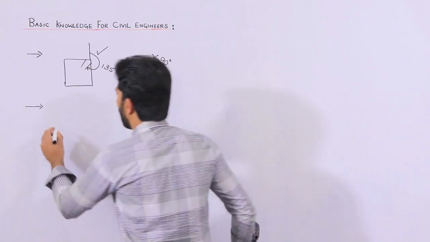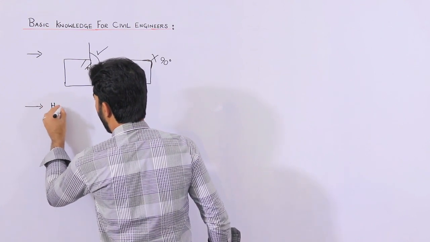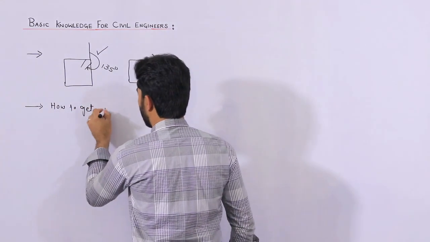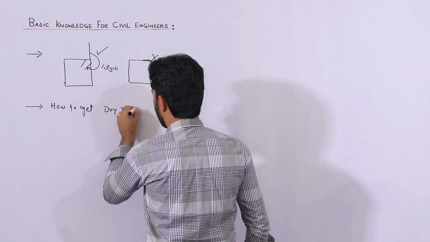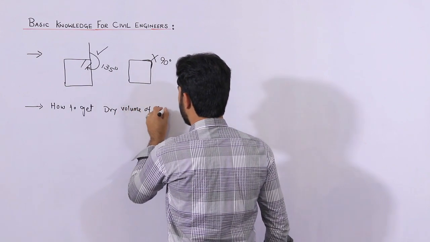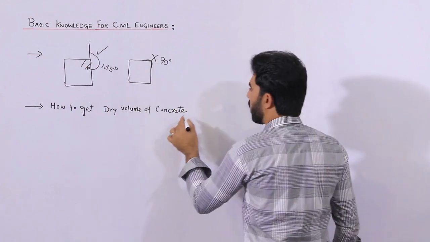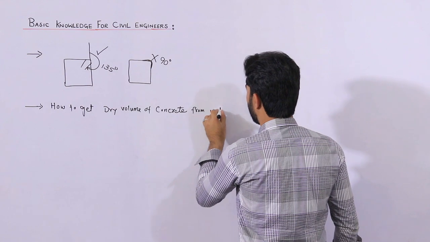So how to get the dry volume of concrete from the wet volume?